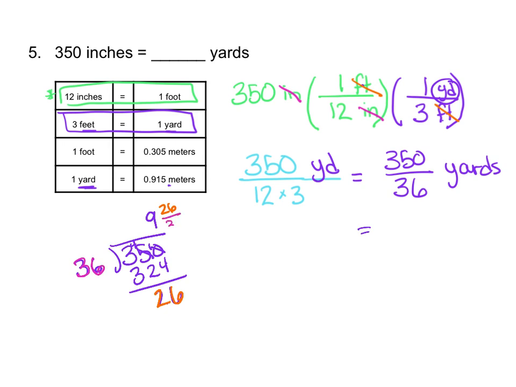So that would be my denominator. And then I can simplify that. So I have 9 and 26/36. And I can simplify that by dividing by 2 on the top and bottom. So then my whole number stays the same. 26 divided by 2 is 13. And 36 divided by 2 is 18. So then I have 9 and 13/18 yards.